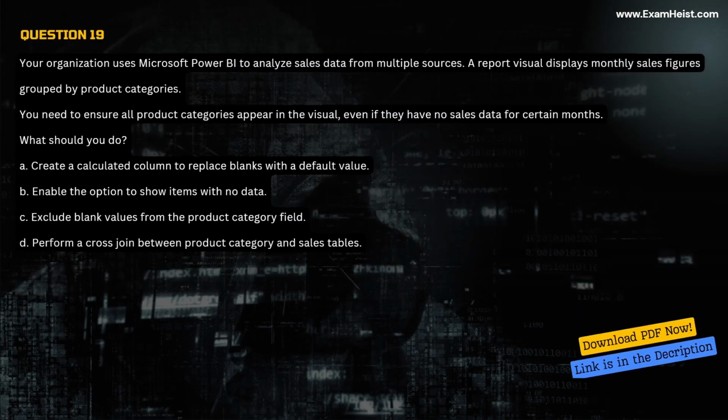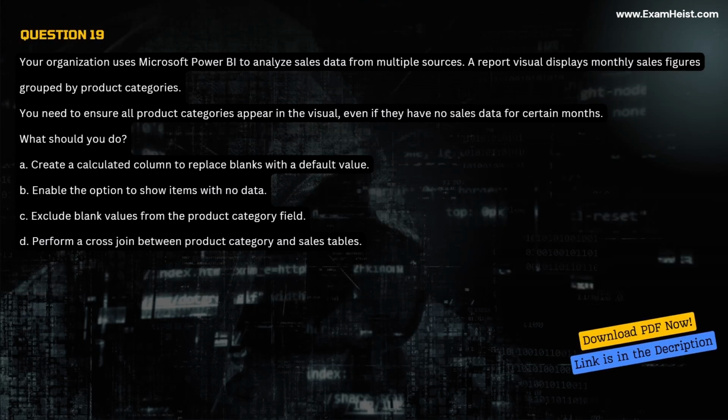Question 19. Your organization uses Microsoft Power BI to analyze sales data from multiple sources. A report visual displays monthly sales figures grouped by product categories. You need to ensure all product categories appear in the visual, even if they have no sales data for certain months. What should you do? A. Create a calculated column to replace blanks with a default value.